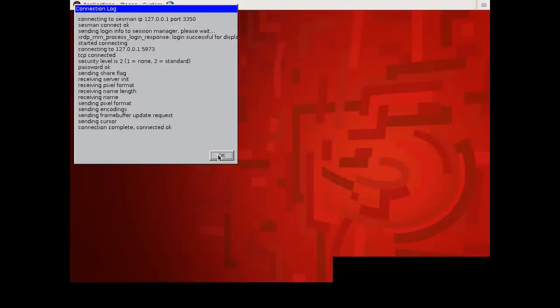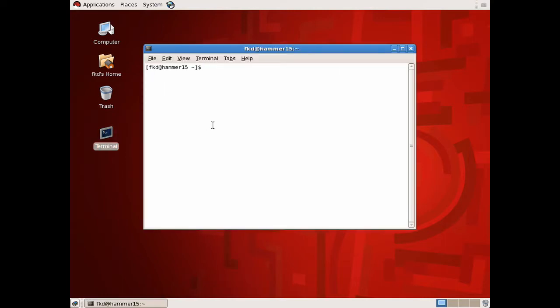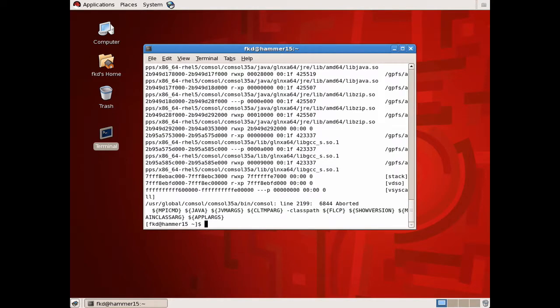Okay. I guess module load COMSOL. Okay, let's see what it does. Oh my god.